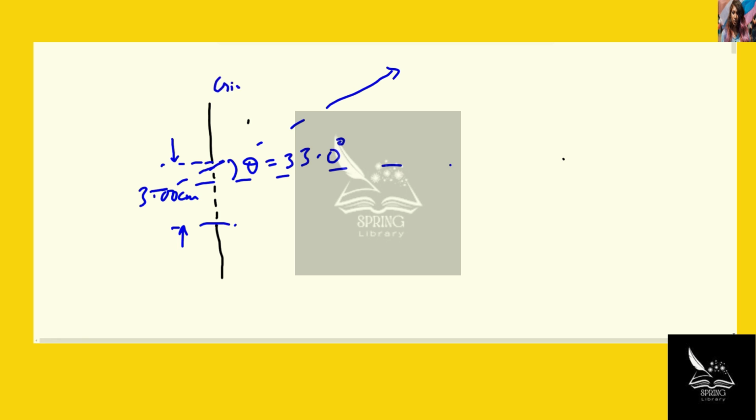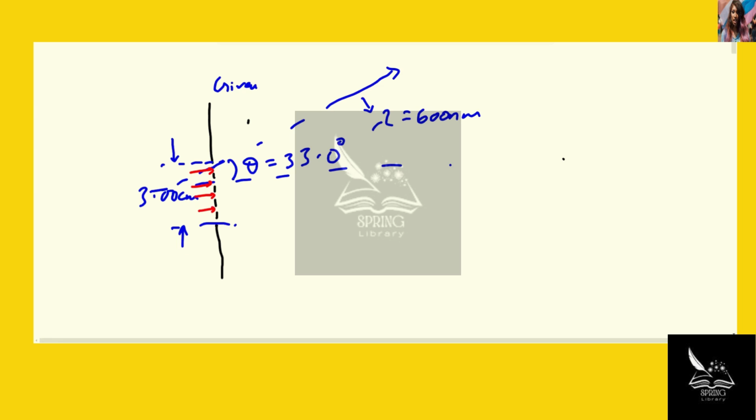This is the information that's given. The light itself travels with a wavelength, lambda, of 600 nanometers.